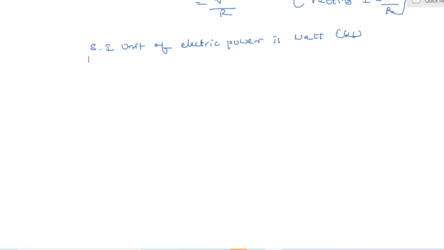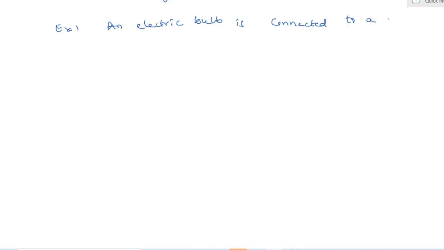Solved example. Let us see one solved example. An electric bulb is connected to a 220 volt generator.